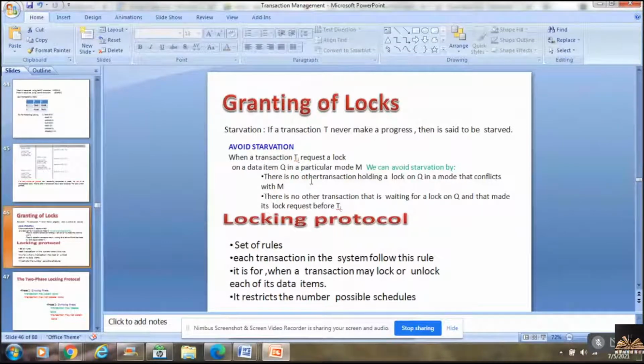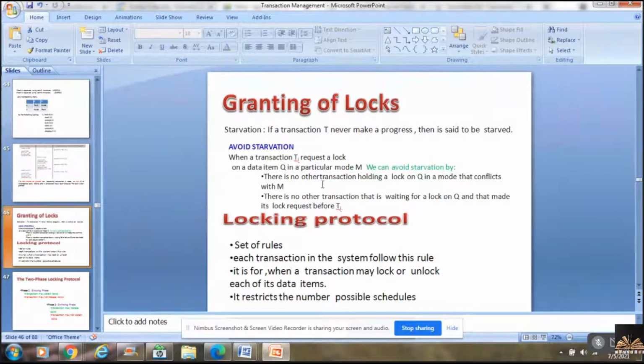So how can we avoid starvation? If there is no other transaction that is holding a lock on the requested data item that conflicts with the particular mode, which might be either read mode or write mode, and there is no other transaction that is waiting for a lock on Q and that made its lock request before Ti.